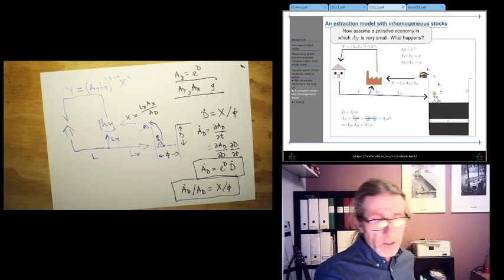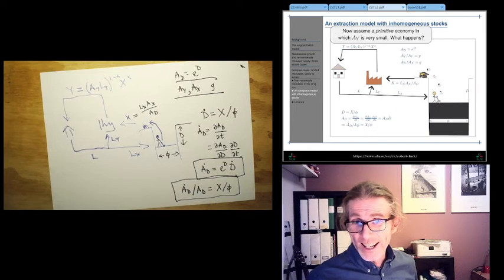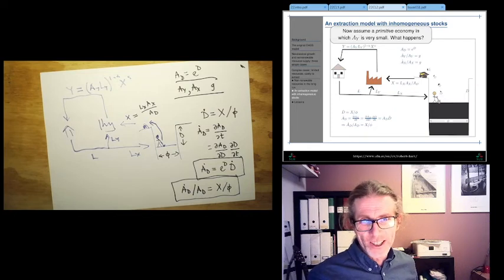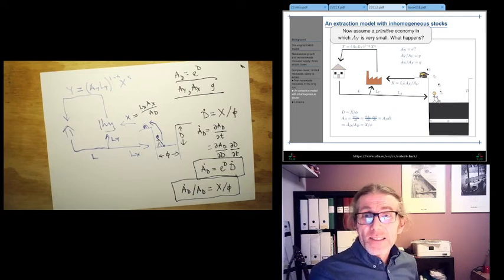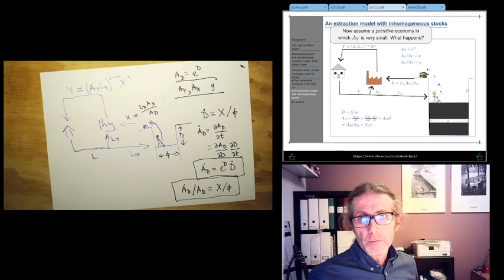Now, instead of doing a full solution of this model, we're just going to look again at 3 cases. Guess what? Start with a primitive economy in which AY is very small. What happens?